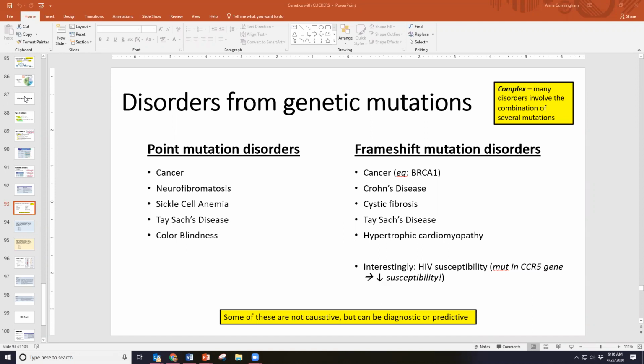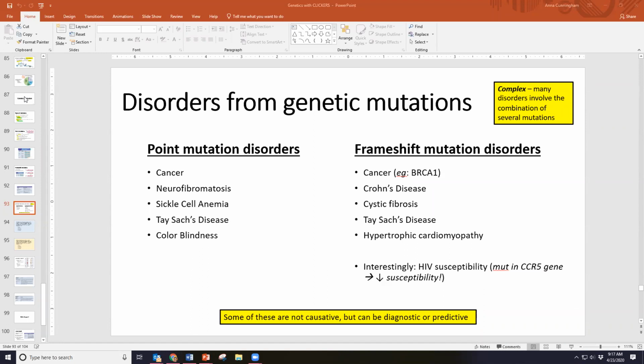One thing I want to mention is that when I said these are very complex, they involve a lot of mutations, not just these. Not all of these mutations are necessarily causative. For example, with breast cancer, the BRCA1 mutation is not what directly causes the cancer. It certainly contributes, but there are a lot of other mutations that have to take place for that cancer to progress.